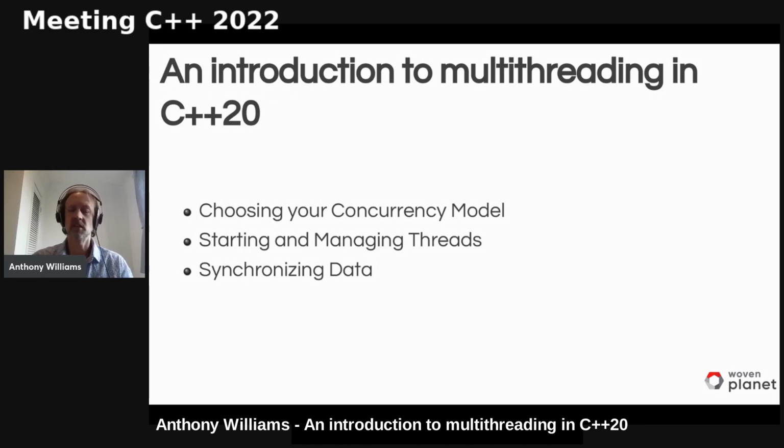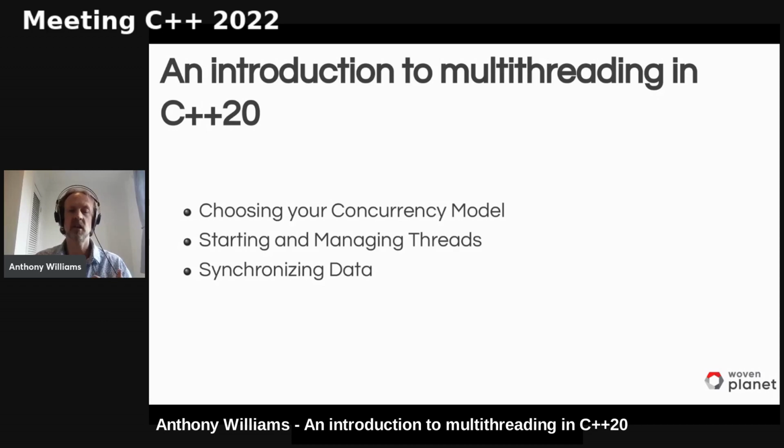The first thing that I'm going to talk about is how you choose your concurrency model, because that's the basis for what you're building in your multi-threaded application. You're going to have to think about why you're looking for concurrency and multi-threading, why that's the solution that you want to use, and what benefits you're hoping to achieve.